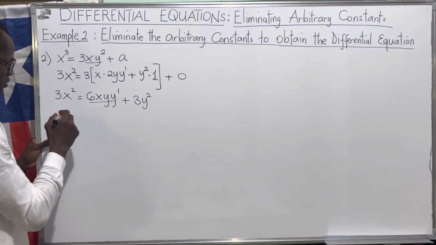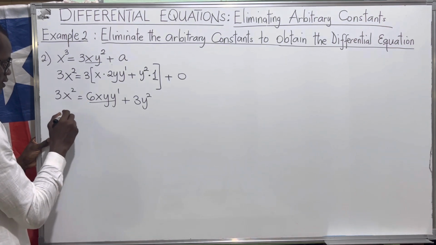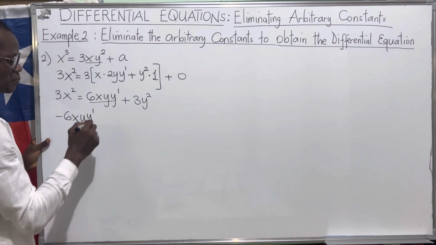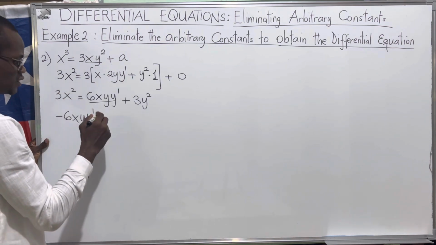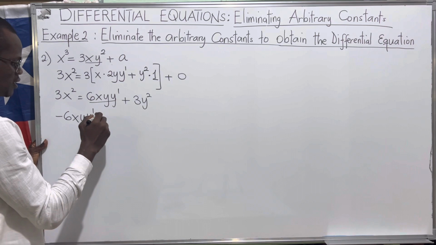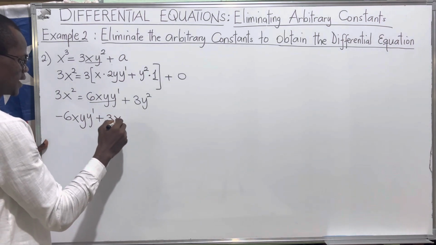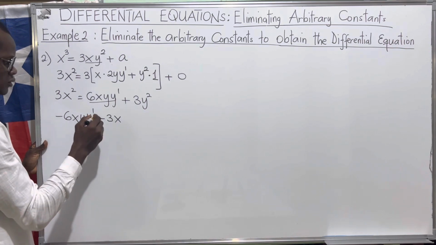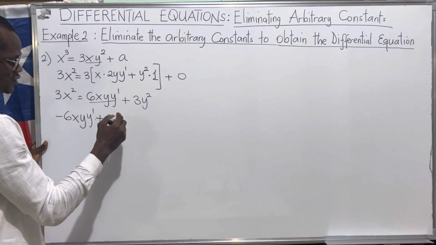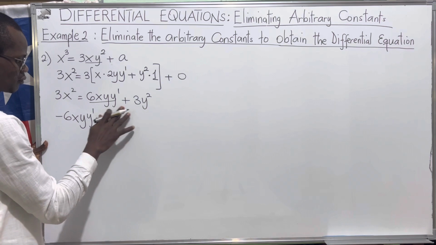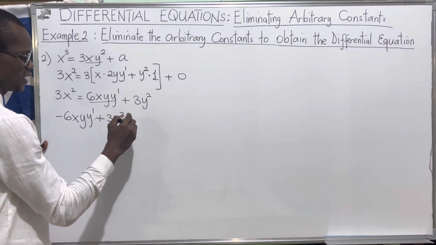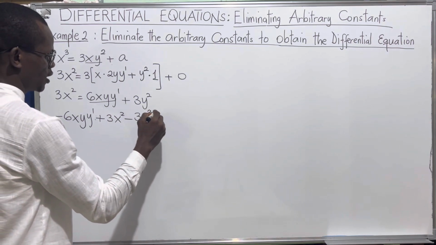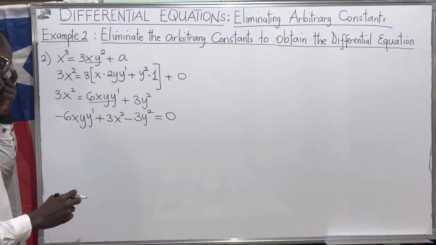So I can decide to say minus 6x y prime, sending this term across, and then I send this term across as well, so you have plus 3x squared. Okay, so I write the x first, 3x squared plus, sending this one across, 3y squared, now equals 0.